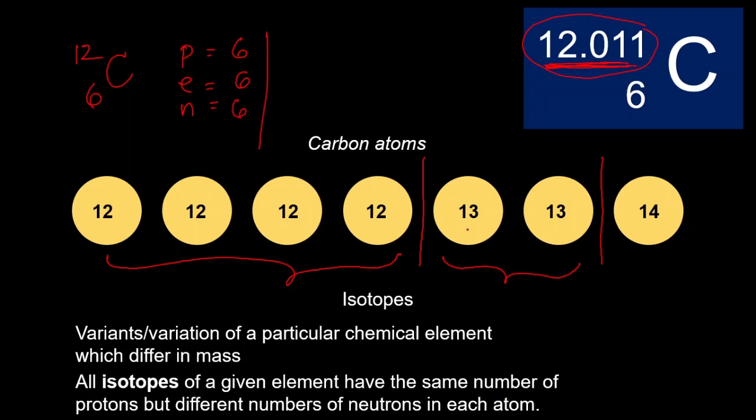Let's go on to carbon 13. Carbon 13, and again, it's still carbon. All carbon have the same atomic number. Protons, electrons, neutrons. The number of protons is 6, and the number of protons is equal to the number of electrons, 6. And then the neutrons, 13 minus 6, that's equal to 7.